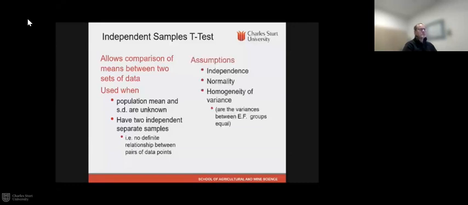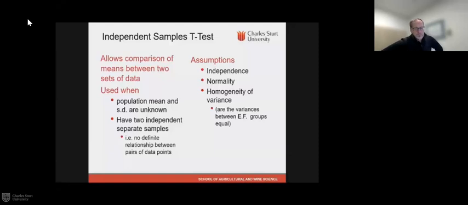The assumptions we're going to be making are that those two populations are in fact independent. I'm telling you they are, but we're making an assumption that they are, so you might want to include that in your report. You're assuming that your control and treatment are independent populations. We're assuming that our data will have that normal distribution, so that Gaussian curve that we saw, those lovely symmetrical humps.